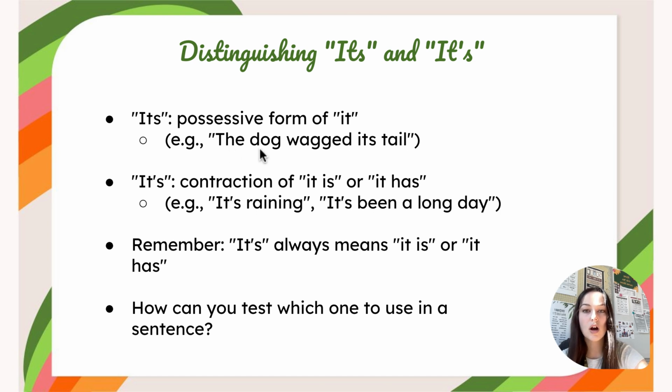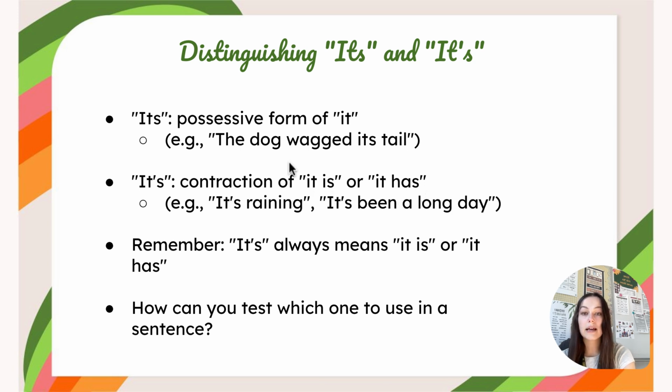Okay. So the dog wagged its tail. There's no apostrophe here because, right, as I mentioned, when it's spelt like ITS, no apostrophe, that is the possessive form already. You do not need that apostrophe to show possession when it comes to the word it. Okay. The contraction uses the apostrophe, and that is of the words it is or it has.